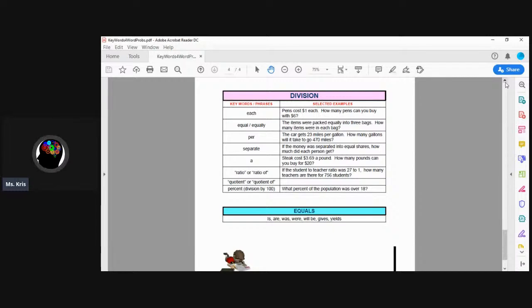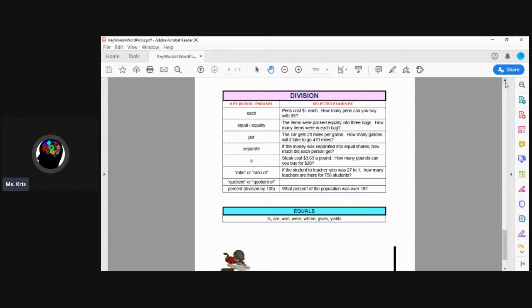Which, of course, if you divided 470 into 23, you would have 20 gallons for the 470 miles. Why?